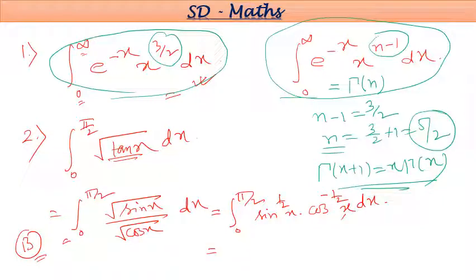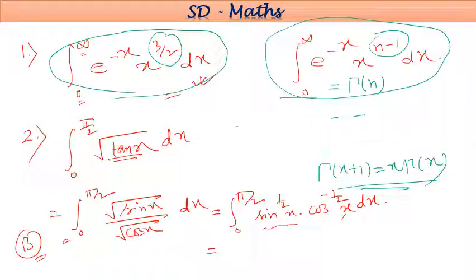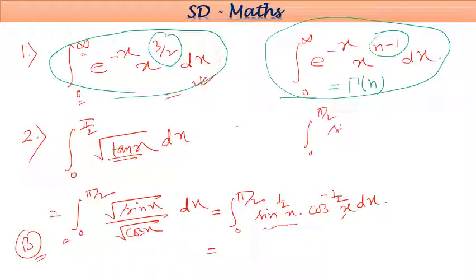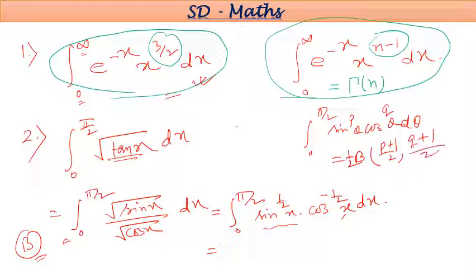Now I have already told you that if you are given the improper integral in this format, sine to the power p, just look at the formulas which I have just told you. So here the formula was the integral from 0 to pi by 2 of sine to the power p theta cos to the power q theta d theta, which equals half beta of p plus 1 by 2, q plus 1 by 2, right?